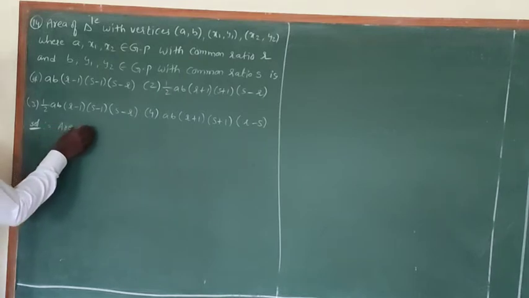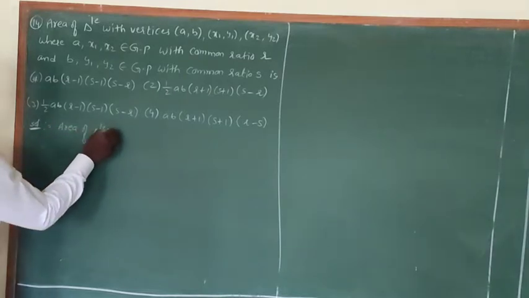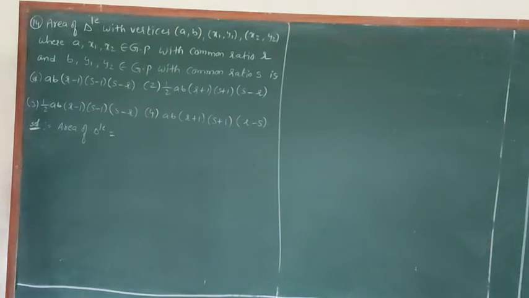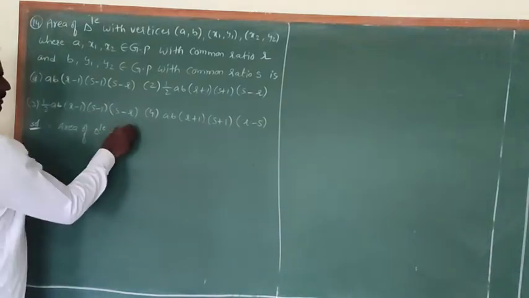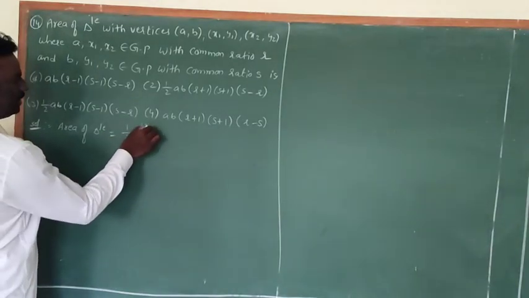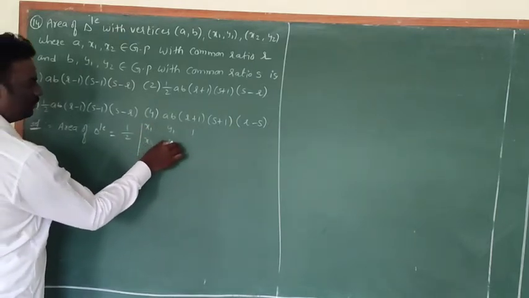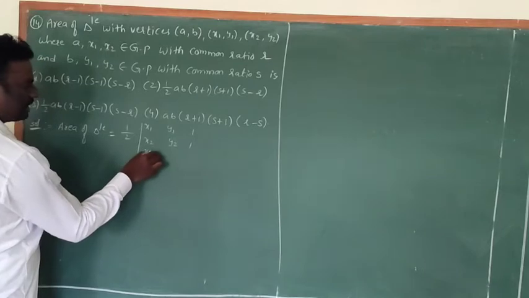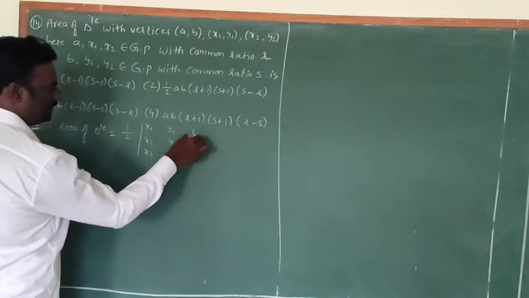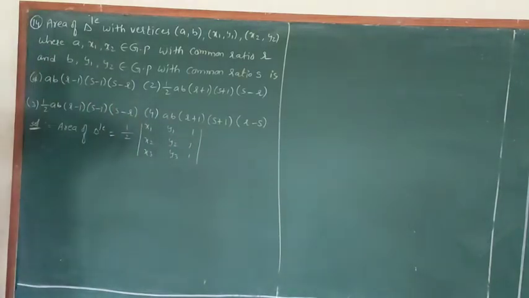Area of triangle. Children, here I am using the formula in second PUC determinants. That formula is half det of x1 y1 1, x2 y2 1, x3 y3 1. This is the formula for area of triangle in the determinants chapter.